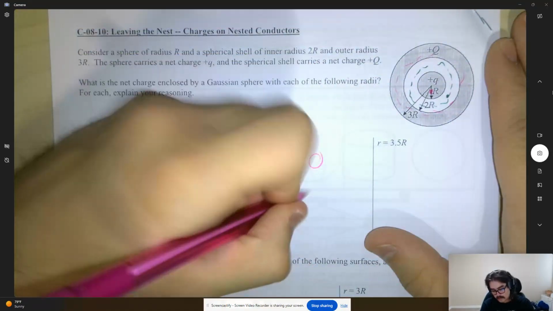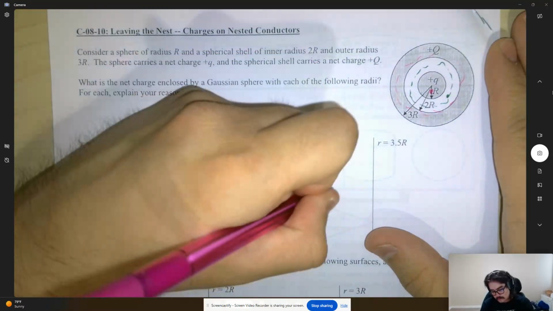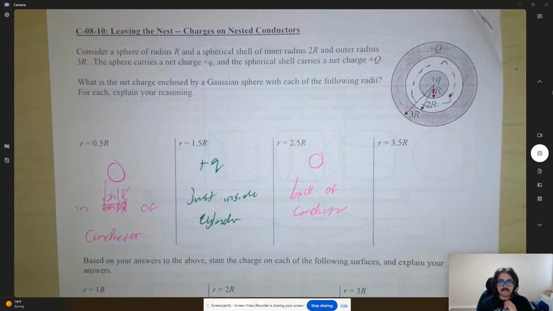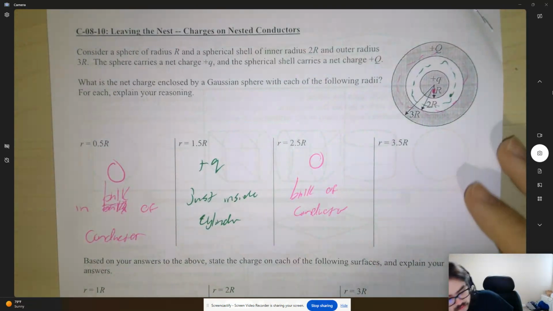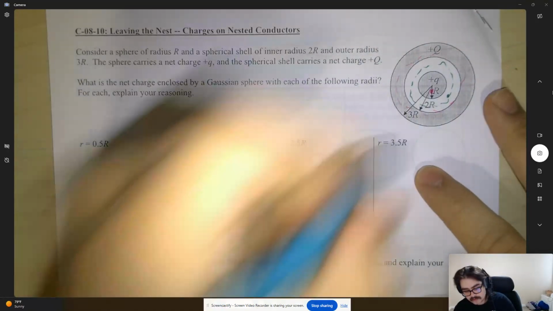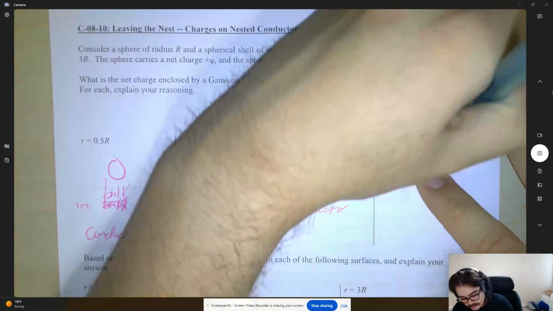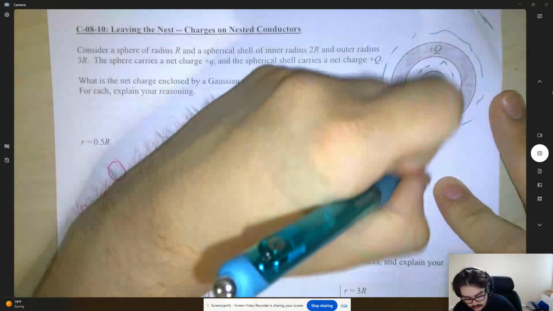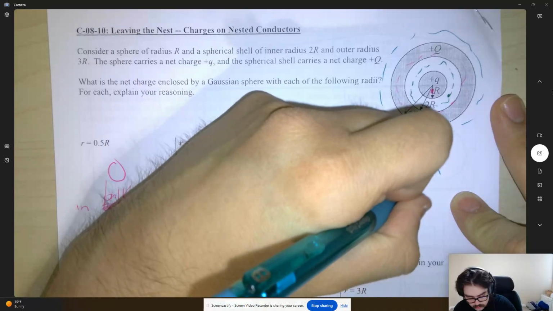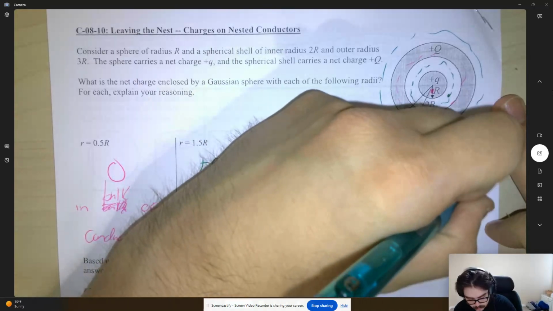So 0, bulk of conductor. And then the last one is if you're outside of the conductor, and that's going to be the total enclosed charge, q plus big Q, total of both cylinders.